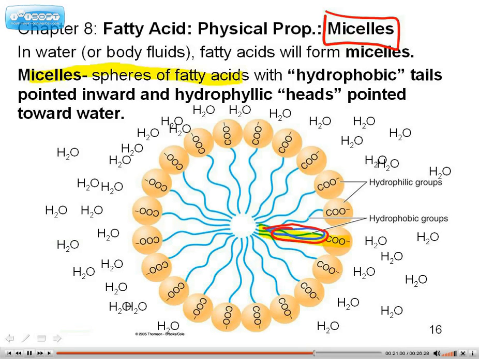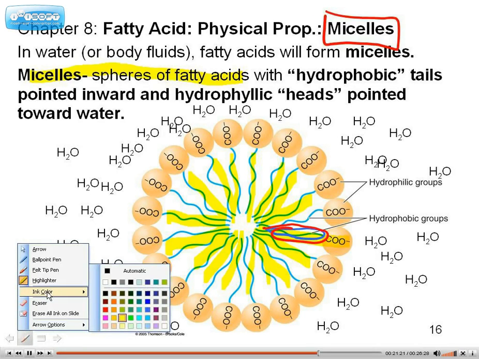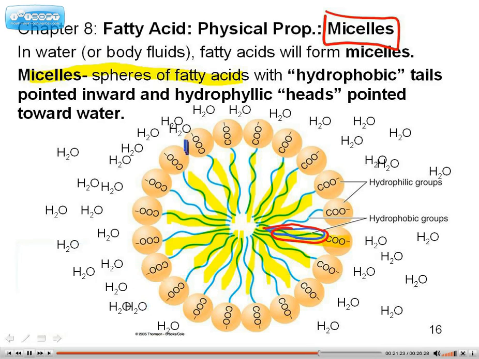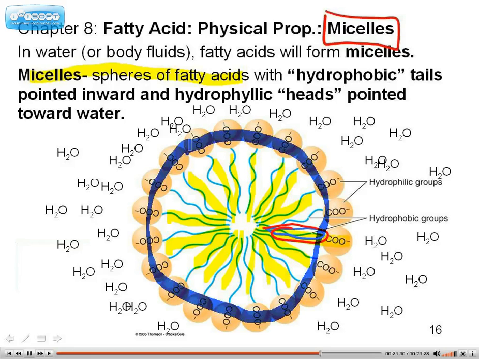And what happens is the fatty acids situate themselves so that the nonpolar tail of the fatty acids point inward inside the sphere, as you see me highlighting right here, whereas the polar head actually points outward, so that way the polar is attracted to the water.